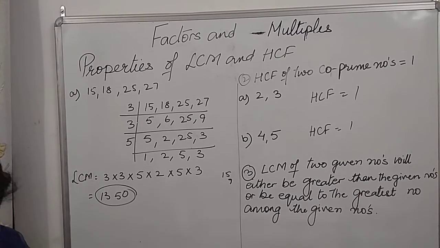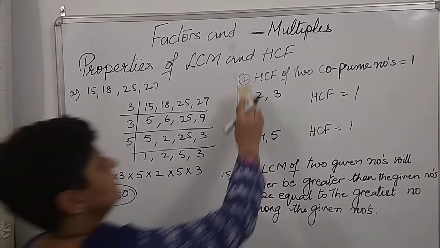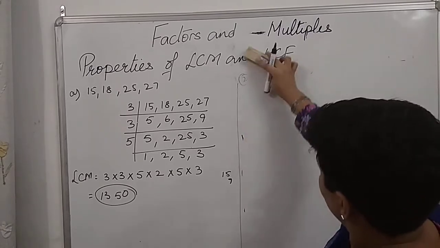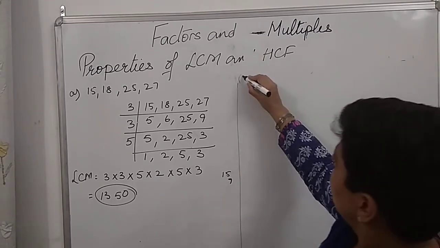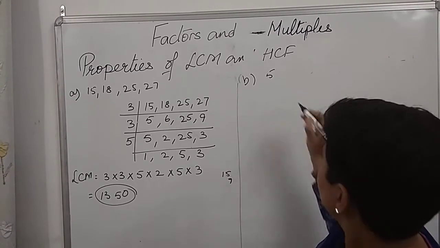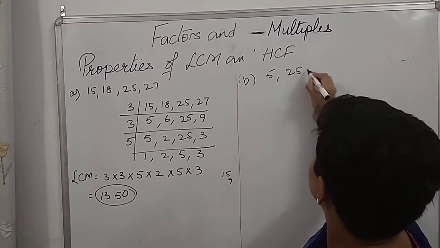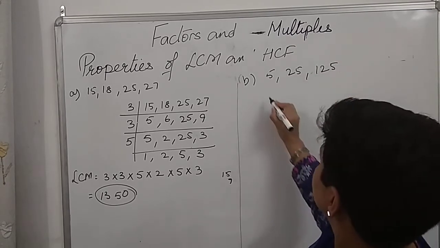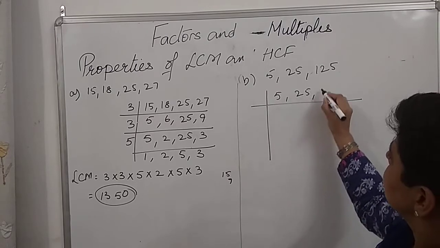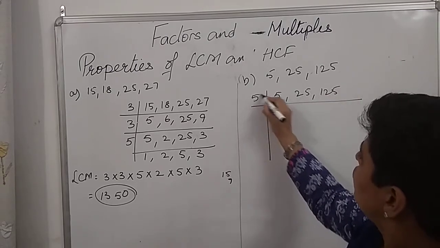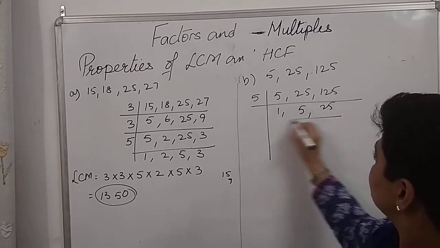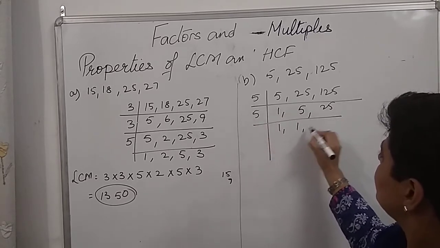Now, what if the numbers given in this case are 5, 125 and 25. Now, let's see. So 5 ones are 5, 5 fives are 25, 1 and 5.